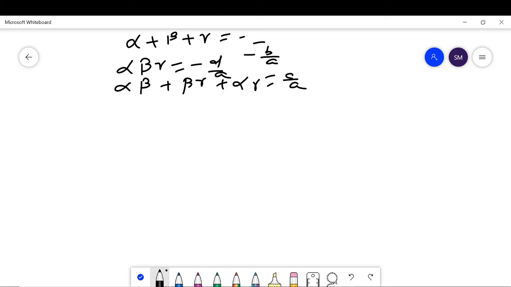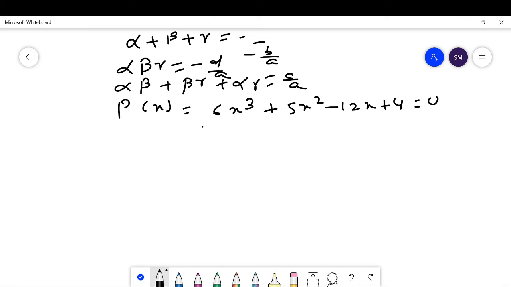Let us take an example. Let px is equal to 6x cube plus 5x square minus 12x plus 4 is equal to 0. Then here a equal to 6, b equal to 5, c equal to minus 12 and d equal to 4.